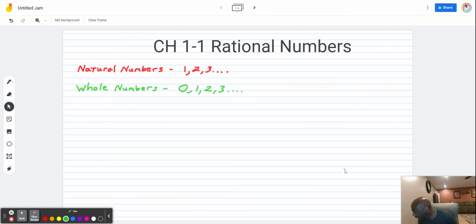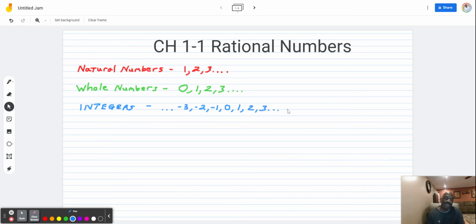All right. And then you have what are called integers. All right. Your integers are your positive and negative numbers. Notice on this one, I'm going to start with dots in the front because they include negative numbers like -3, -2, -1, then 0, then the positive side of 1, 2, 3, dot, dot, dot.